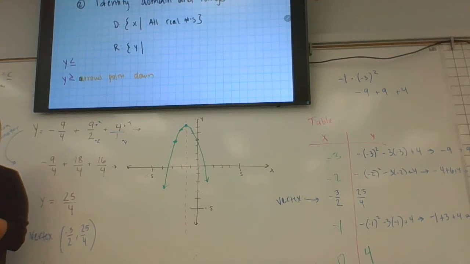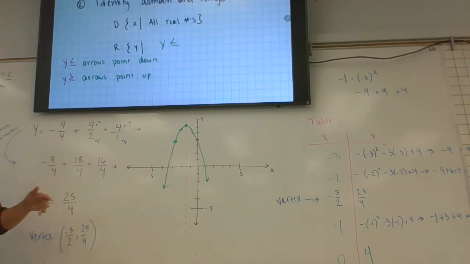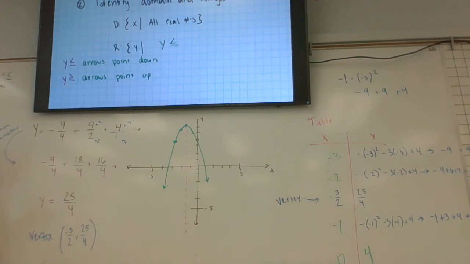Arrows point down, go here. You say y, so our arrows point down, so we're going to say y is less than. But if your arrows point up, your range has to be y is greater than. So in this case, y is less than 25 over 4. That's the max point. It doesn't go higher than that.